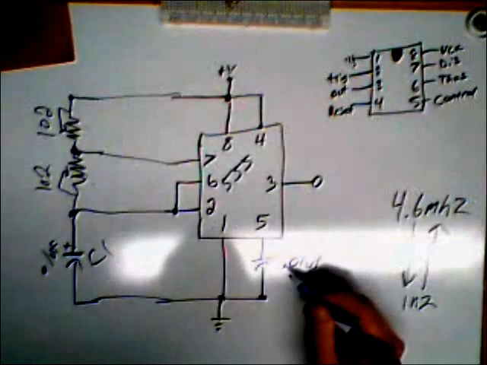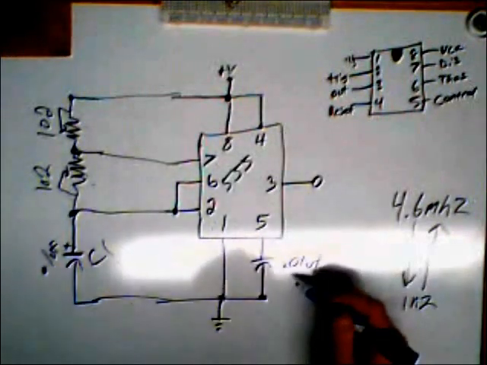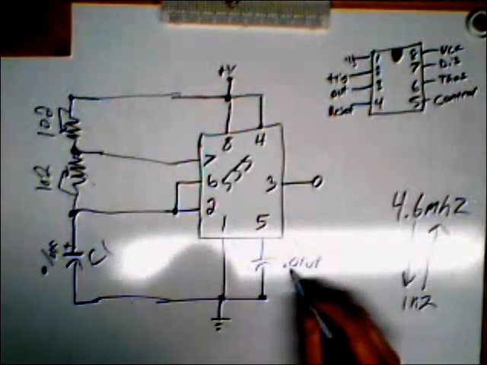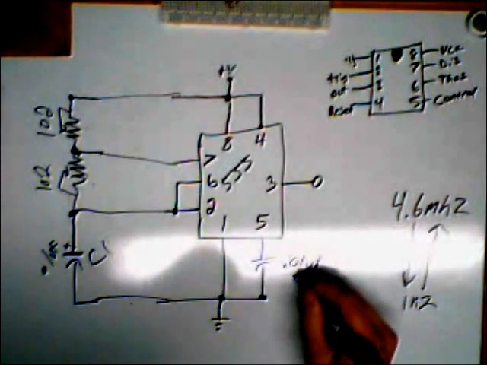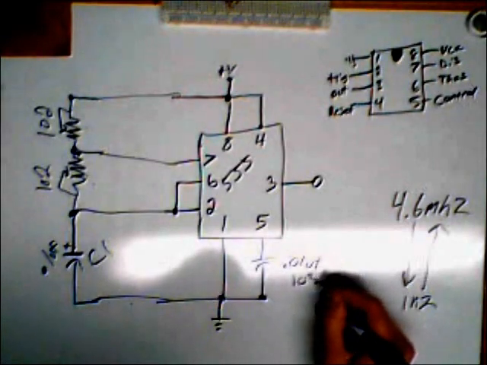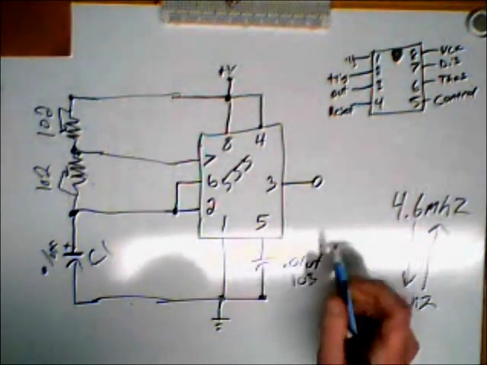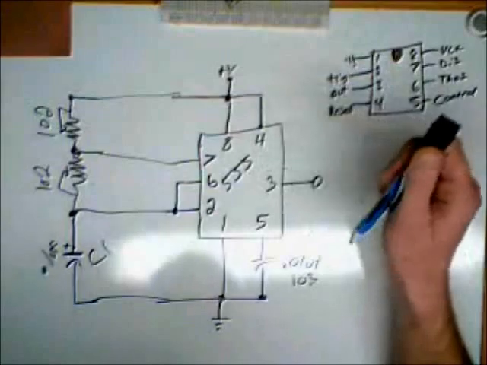And I'm going to put the parts in the description in case you didn't catch that. We're going to be using a 0.01 UF ceramic disc capacitor, or on a ceramic it's 103, and a 555 timer to create this.